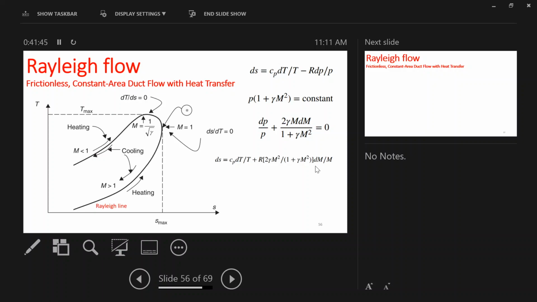But what's going to happen afterward? In that same duct flow, you're going to see a decrease in temperature. You're heating the flow, you're not cooling it down, but you're going to see a decrease in temperature. We can explain that using this equation. But what I wanted to get to before talking about that equation is that at some point your Mach number is increasing, and it will reach the sonic condition.